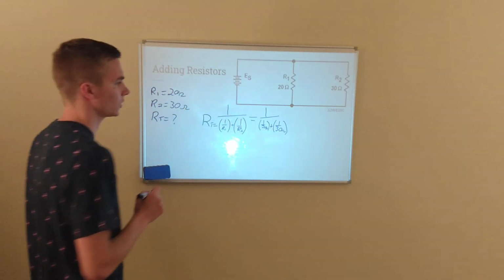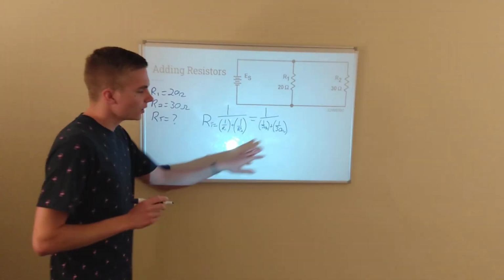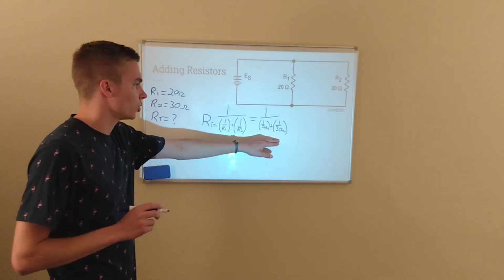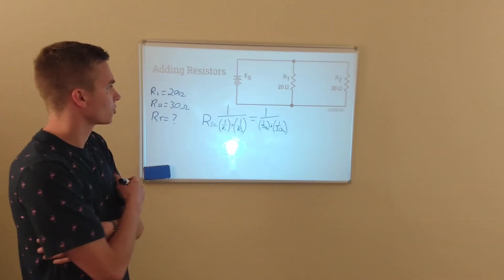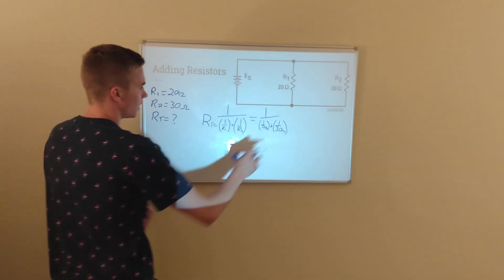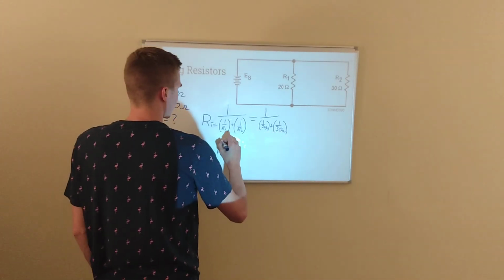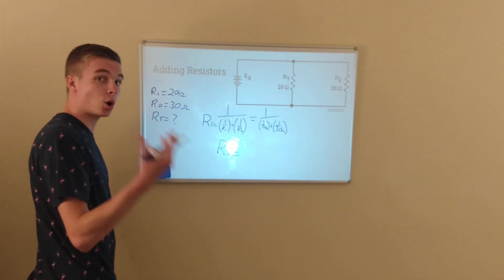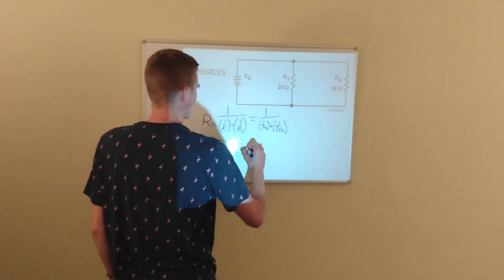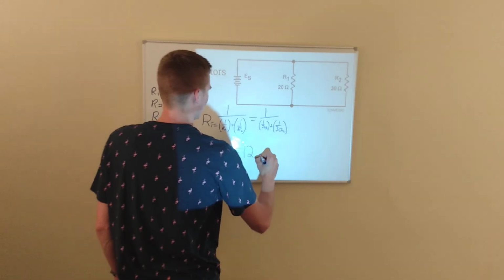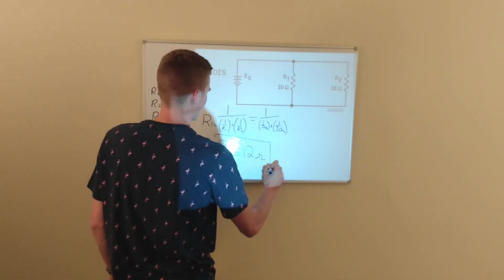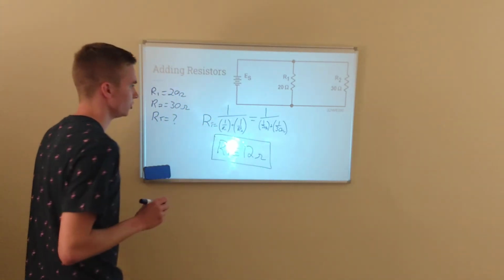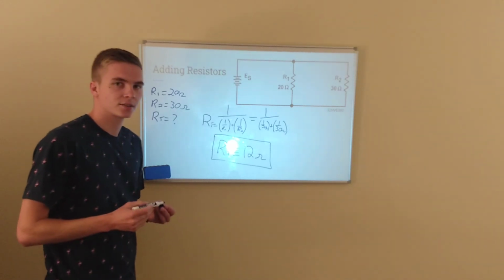We carefully put this into our calculator, and we'll get some more practice through some example problems with that. But if we put it into our calculator correctly, we should get that the total resistance in the circuit is equal to 12 ohms. Don't forget your units and to circle your answer.